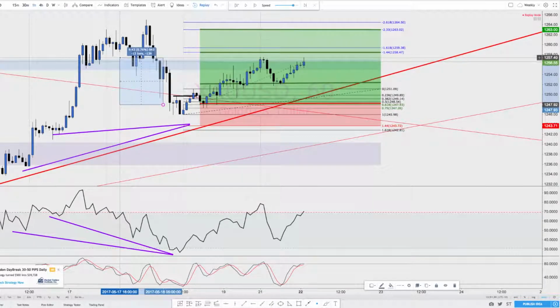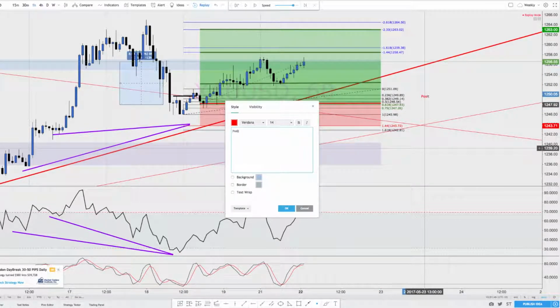We're back at 86 pips. I'm going to take profit on position 2. Position 1 was 42 pips.